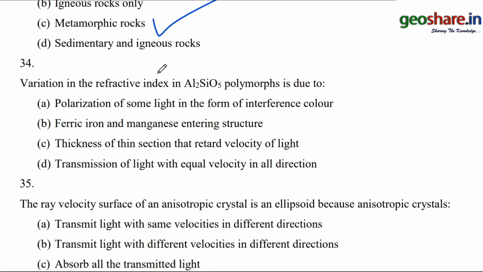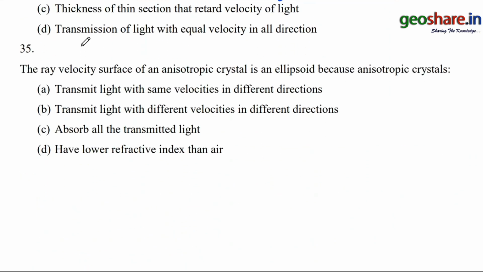Variation in the refractive index of Al2SiO5 polymorphs is due to ferric iron and manganese entering the structure.